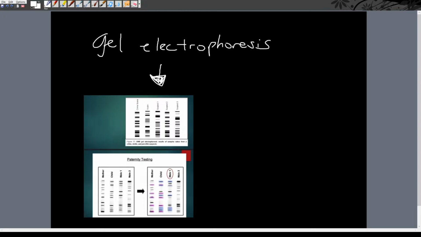That's the point of gel electrophoresis. Okay, what it really does is it isolates DNA in the sense of separating those DNA fragments so everything is very easily analyzable, if that makes any sense.